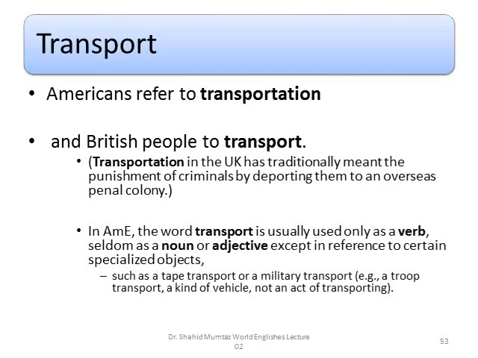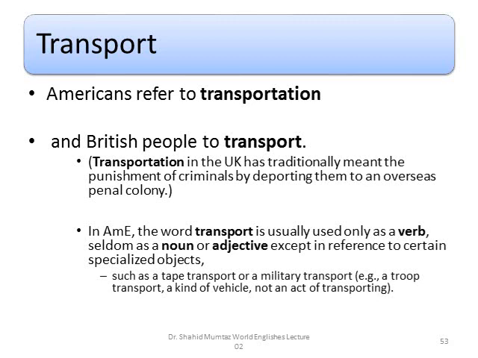Transportation is used in America. But what happened to transportation in the UK? In the UK, transportation has traditionally meant the punishment of criminals by deporting them to an overseas penal colony. See how different they mean in these two different regions.